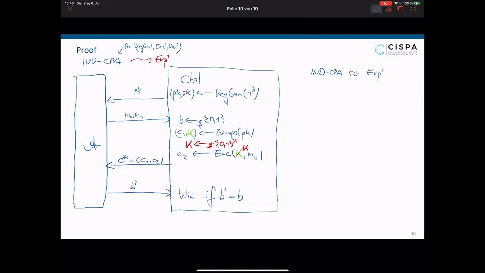Why is that so? How can we argue that the adversary's winning probability doesn't change by a non-negligible amount when going from the IND-CPA experiment to this experiment Exp prime? How can I argue this? Security of what primitive do I have to use?